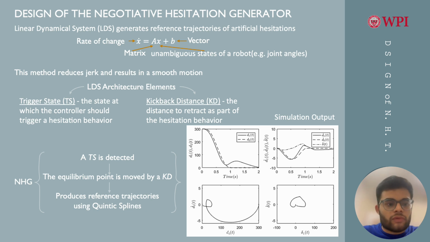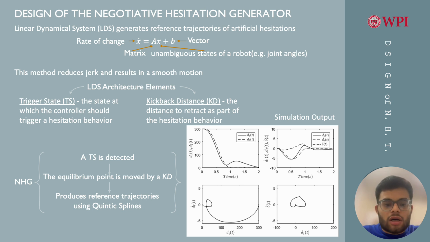Overall, the process that the negotiative hesitation generator follows is that when a trigger state is detected, the equilibrium point is moved by a kickback distance, and this produces reference trajectories using quintic splines.